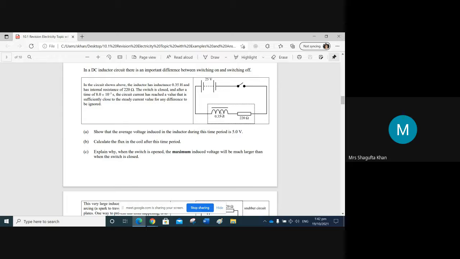That's how car engines start, by having an inductor. Quite often, this inductor will be in parallel rather than in series. If this is the motor of the car engine, it will be in parallel to this circuit, not in series, because the voltage is across the inductor.